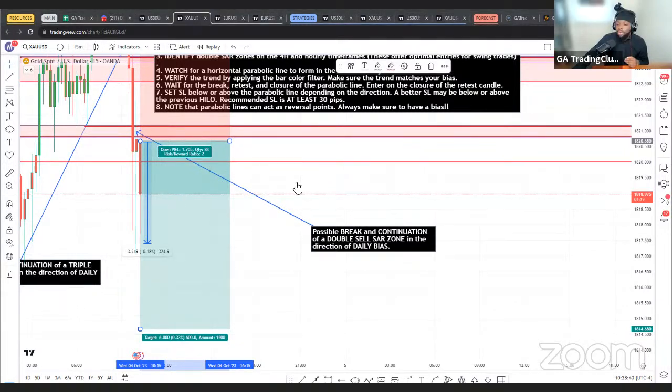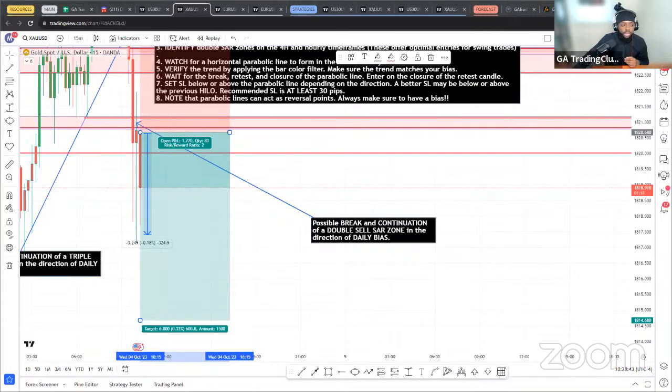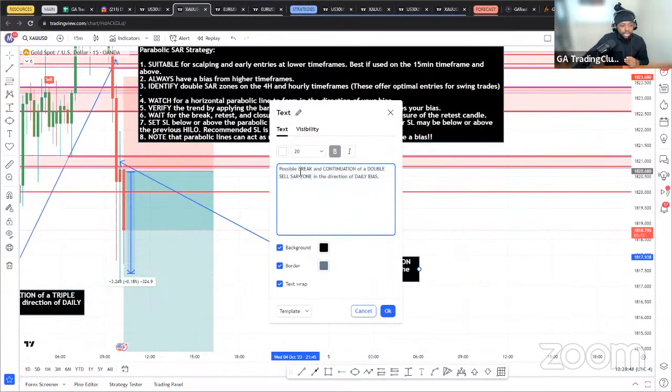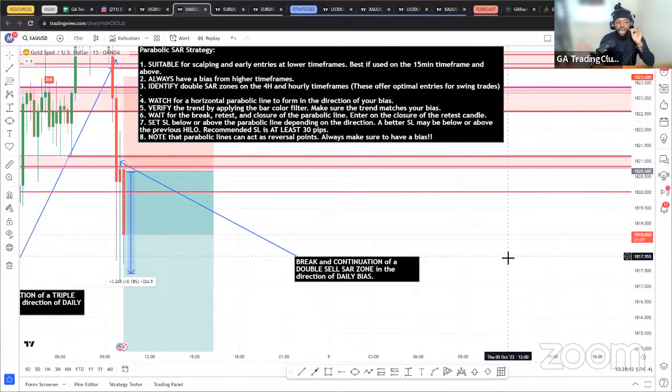Yeah, so this is the live trade. Normally I mark up the trades, like this one moves from possible break and continuation. For a live trade, I'll always say I'm taking this trade. I don't mark up trades that I don't take. If it doesn't validate, I normally say the trade did not validate, or that I'm waiting for the 1 minute or 5 minute. But normally I'll say I'm taking this trade with X risk. I normally risk 0.75% per trade.